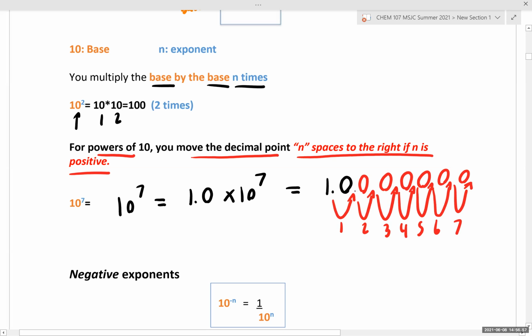So that gives us 10 million. Does this example of multiplying by positive powers of 10 make sense to everyone?